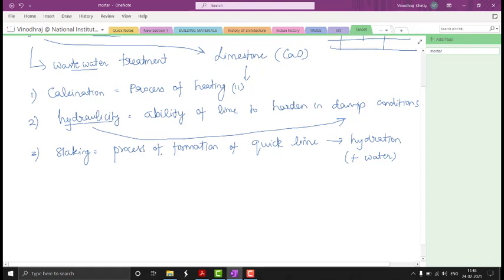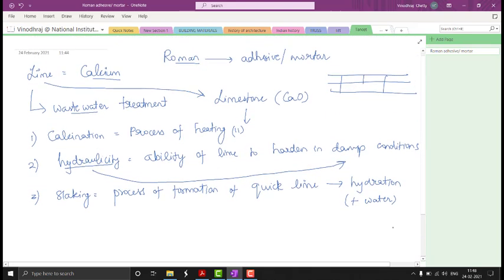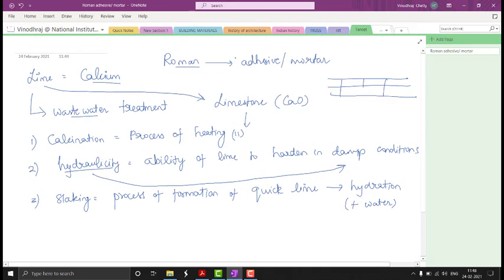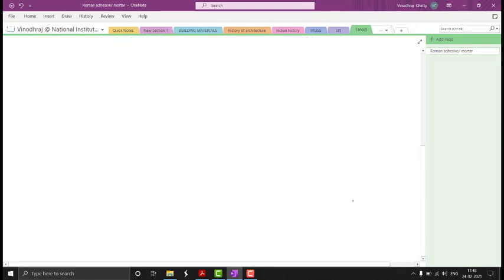So what we saw is that lime is made from calcium and was derived from the Roman period. The three basic terms are calcination, hydraulicity and slaking. The cycle is such that we have limestone, then we get quick lime, then there is slaked lime.